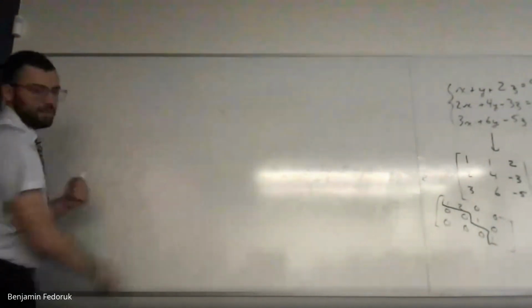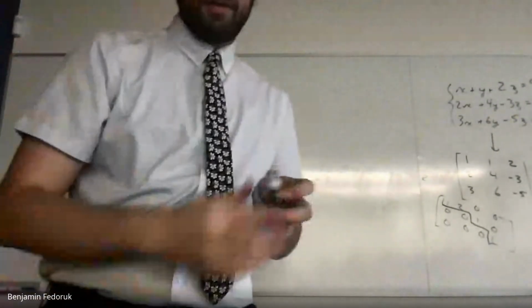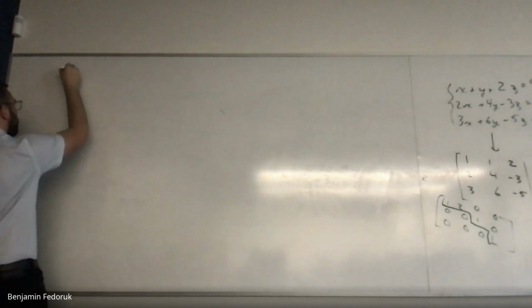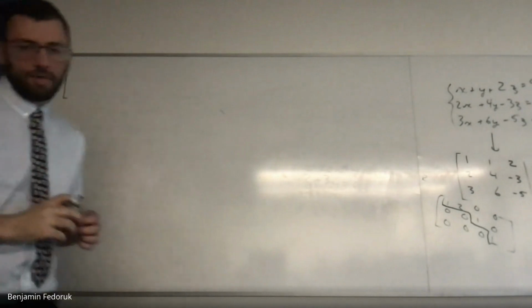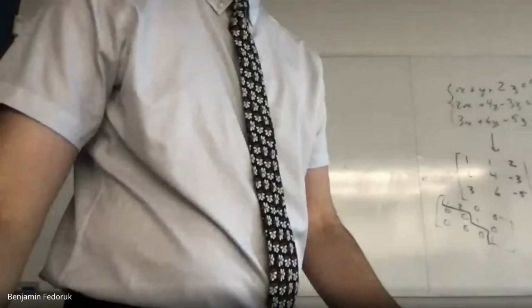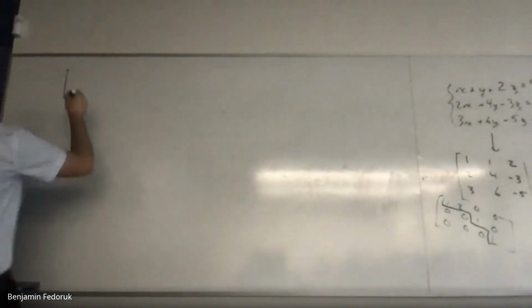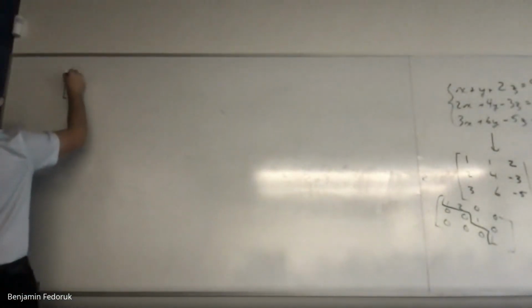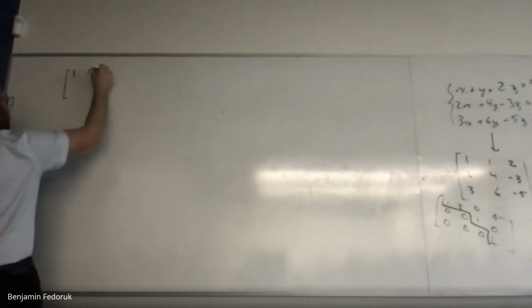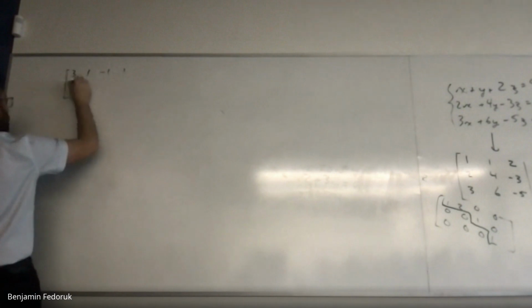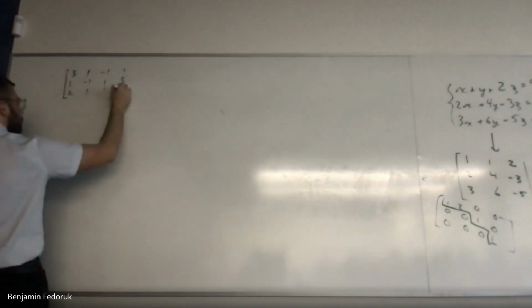Okay, so let's start with a matrix. Say that I gave you a system and you turned it into this matrix here. So we'll do 3, 1, minus 1, 1, 1, minus 1, 1, 3, and 2, 1, 1, 0.